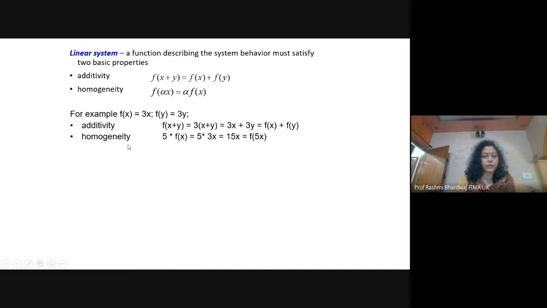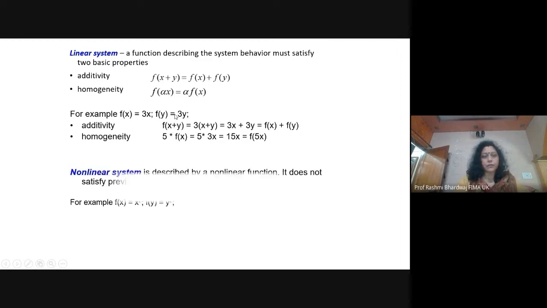Coming to homogeneity, suppose I take f of 5x. That is 5 into 3x, which is 15x, equal to 5 times f of x. So both properties, additivity as well as homogeneity, are satisfied for this function. That's why this function is an example of a linear system.